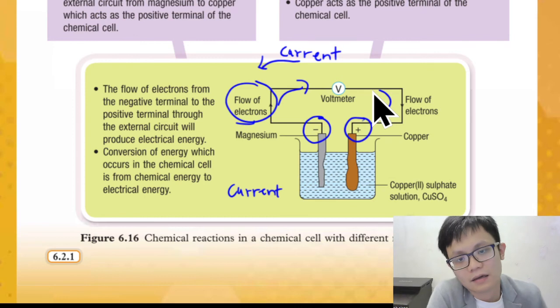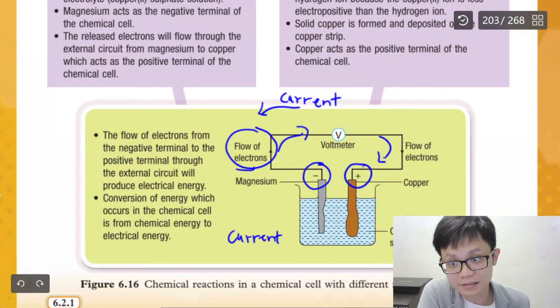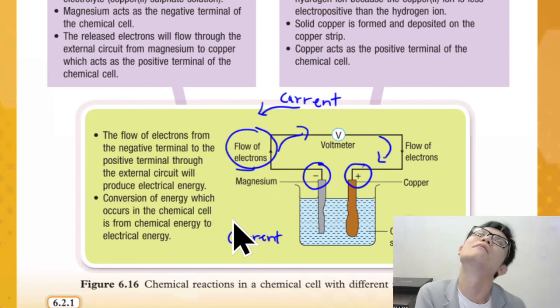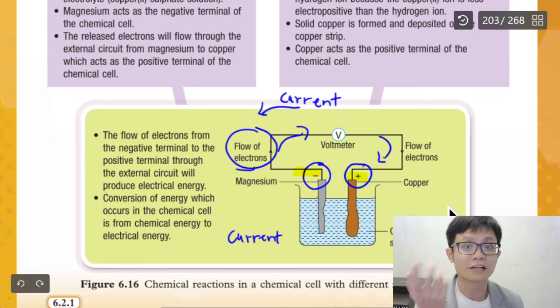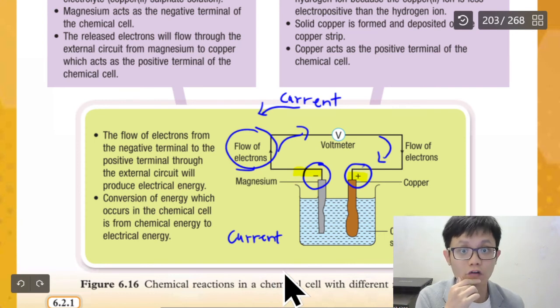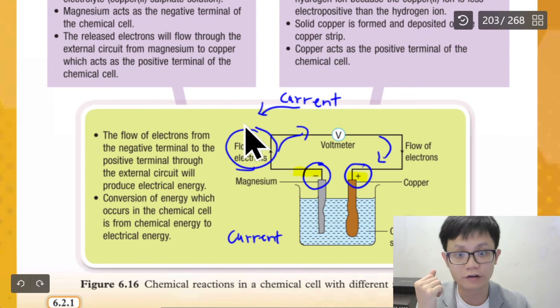For example, the question may ask which one is the negative terminal and which is the positive terminal. I would say magnesium is the negative terminal, copper is the positive terminal. Then the question may ask you to tell or draw the flow of electrons.